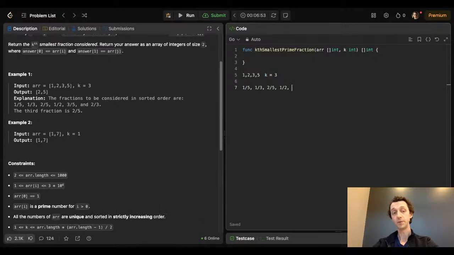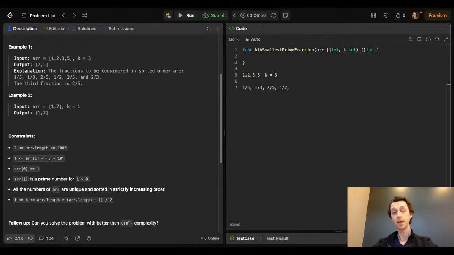That uses some extra memory. Yeah, that's where the n squared comes from.